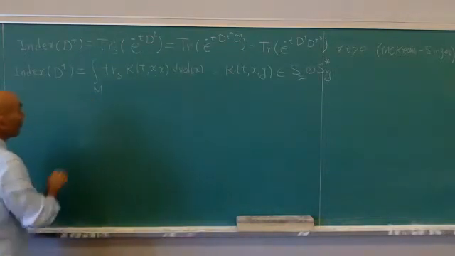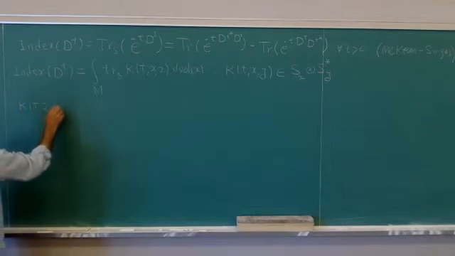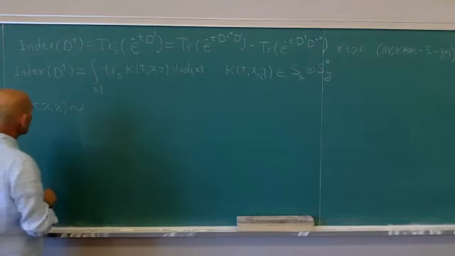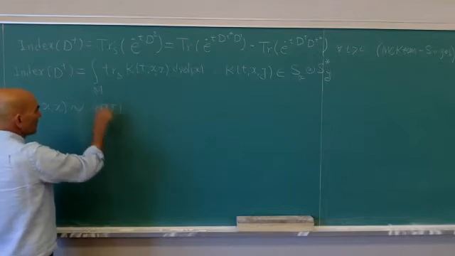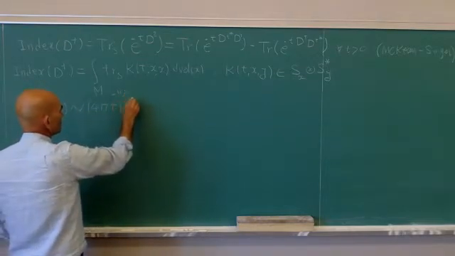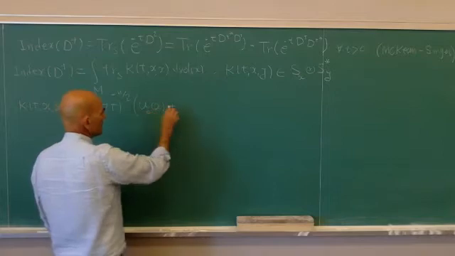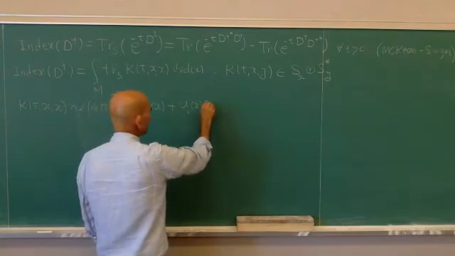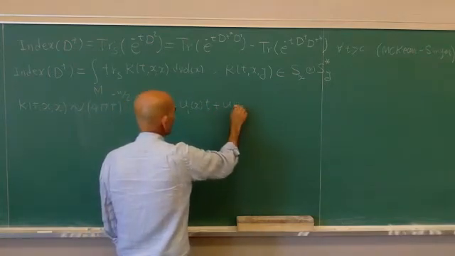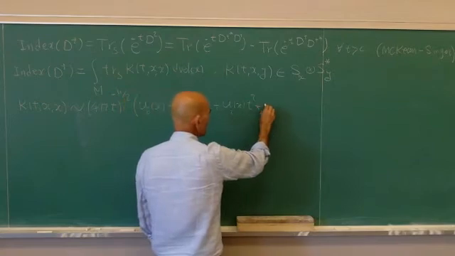Now, of course, we saw that K_t(x,x) is asymptotically of the form, there is an asymptotic expansion, (4 pi t) to the minus n over 2 times u0 of x, there is some function, plus u1 of x t, plus u2 of x t squared, and there could be an infinite number of terms easily.